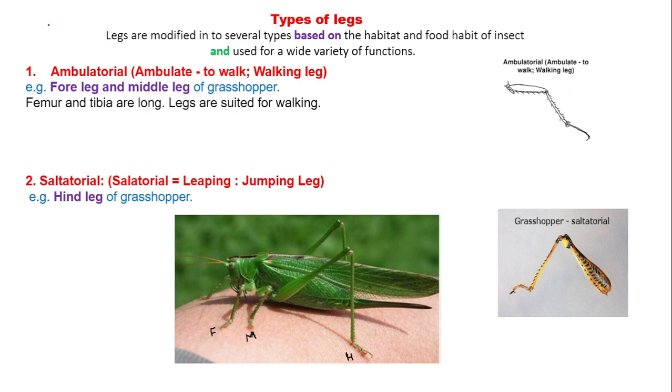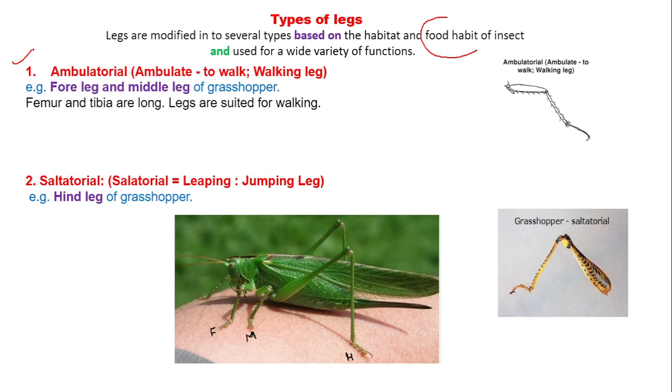In relation to the food habit, when the insect is predatory, it develops legs in accordance with the predation. When the insect is herbivorous, then it develops some other kind of leg. Now we are going to see different types of insect legs and their modifications.